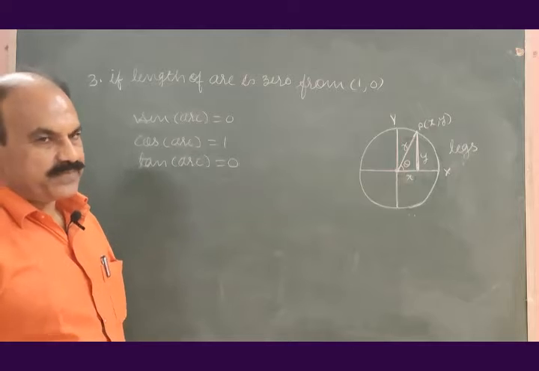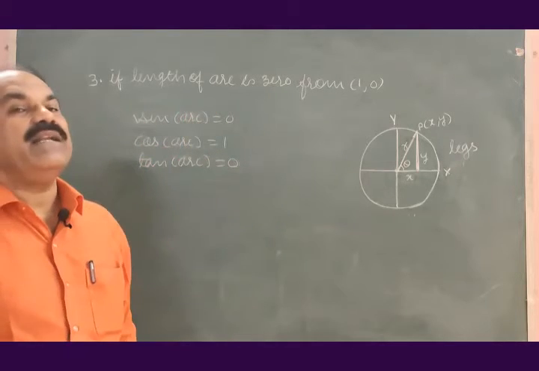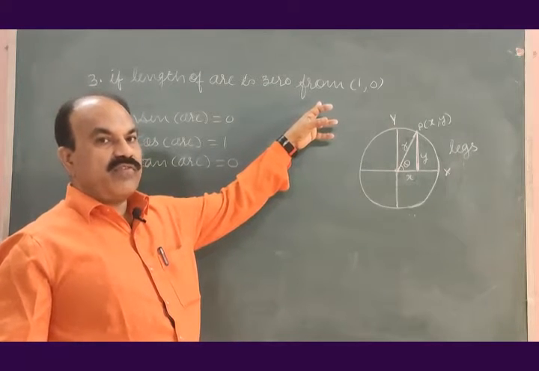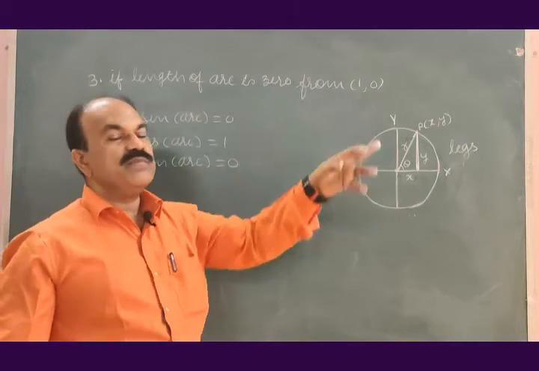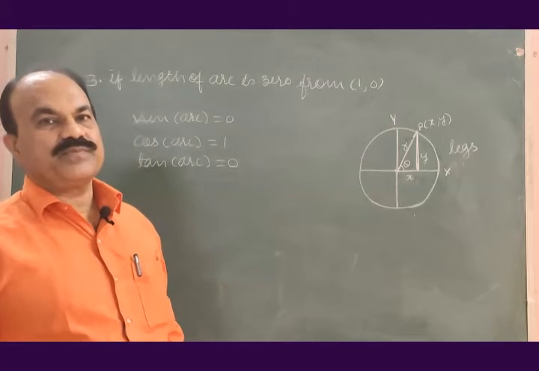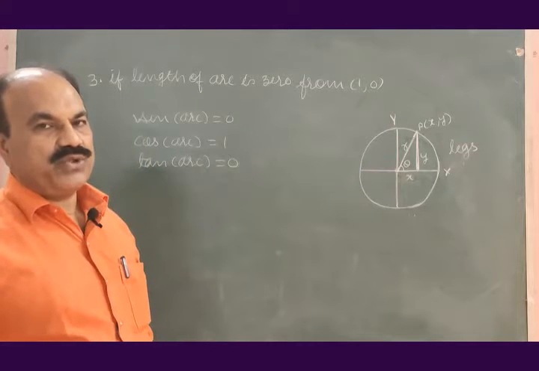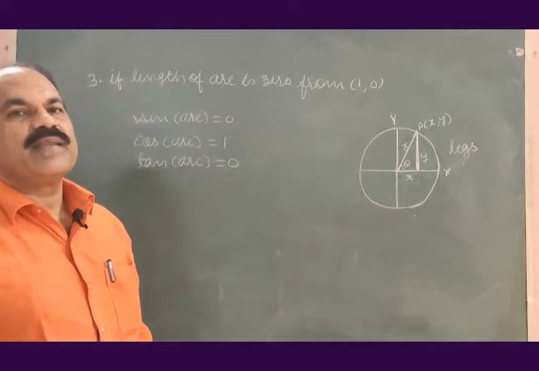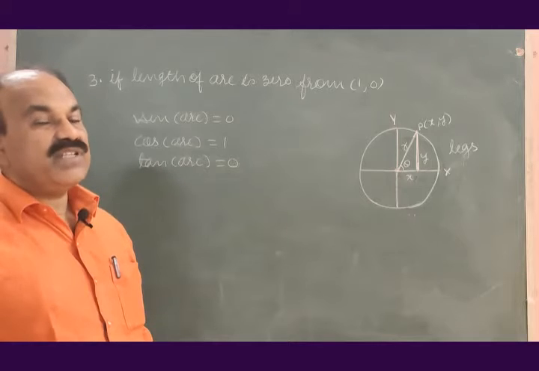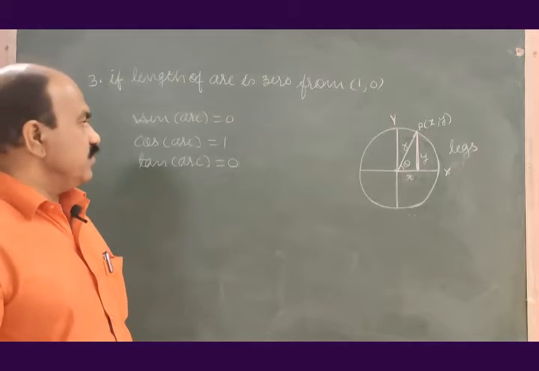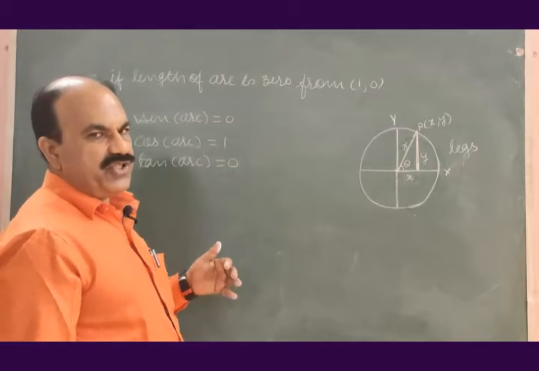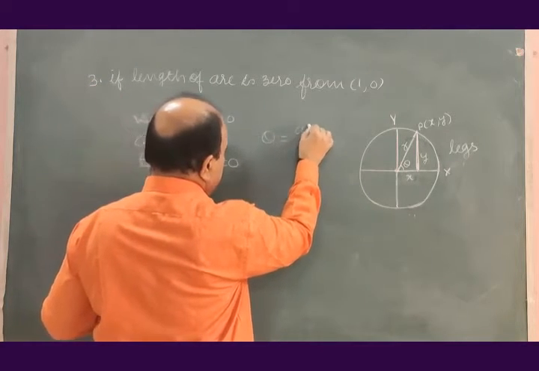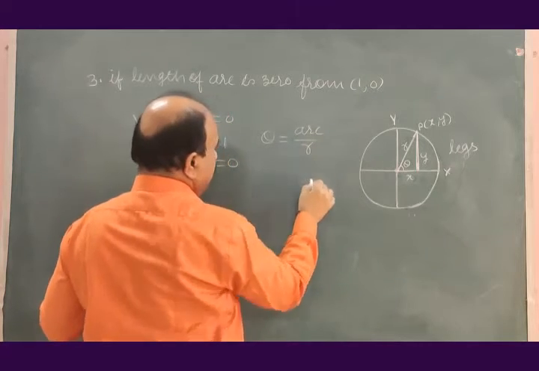Third property, if length of an arc is 0 from where the arc is found? From the point 10, the arc is found on the unit circle, and if length of this arc is 0, for any curvature, angle theta is defined as arc divided by radius.